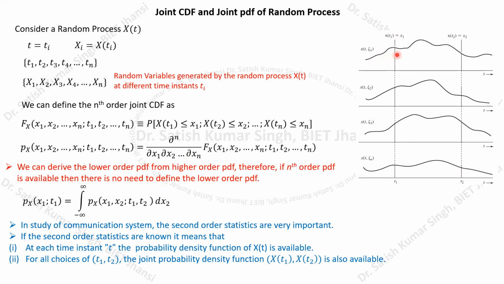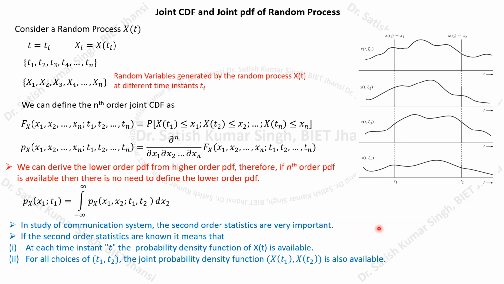Irrespective of the location of T1 or T2, if they are within the range of time over which this sample function is defined, then we can always have this joint probability density function. So this joint density function will be available. This is the meaning of the second order statistics, right?